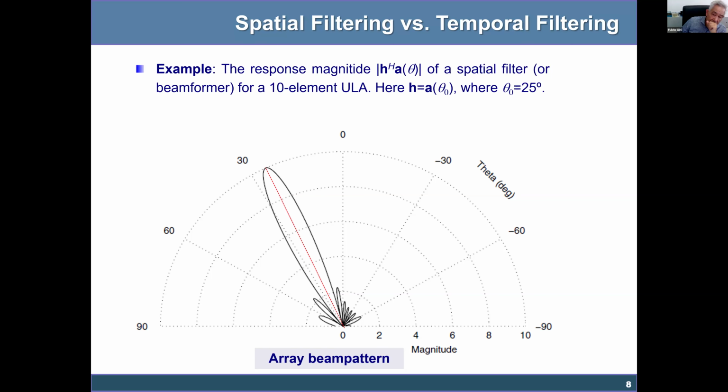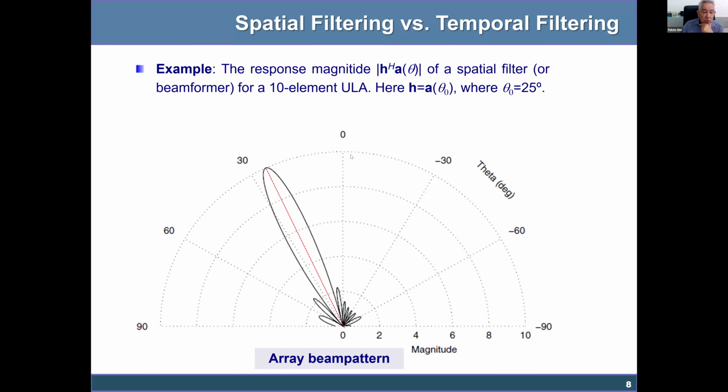So in other words, with this choice of the spatial impulse response, you are creating a digital beam pointed at 25 degrees.